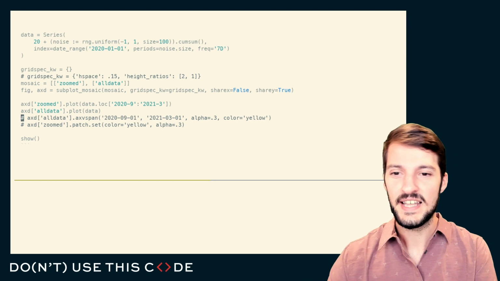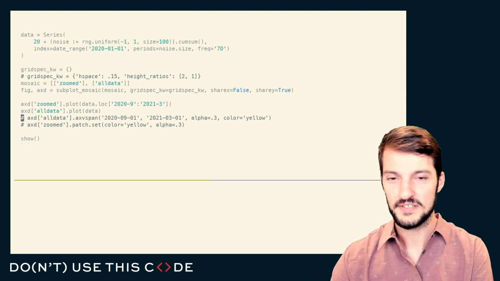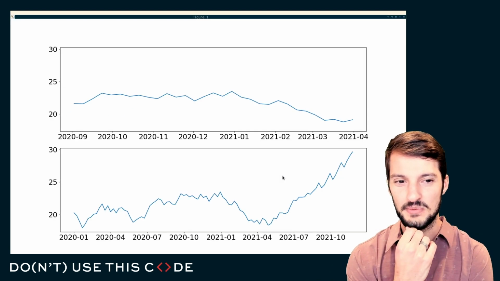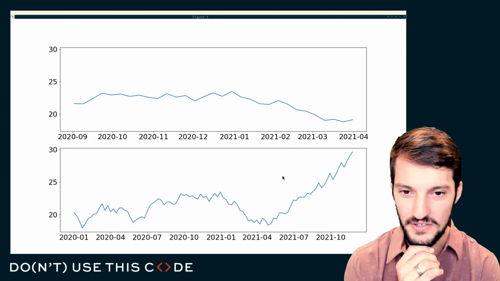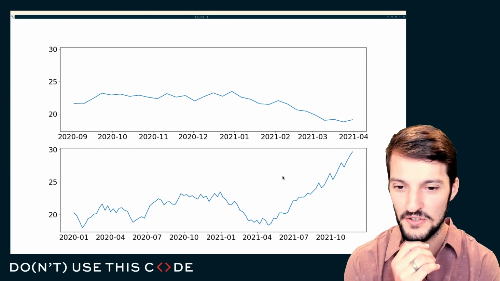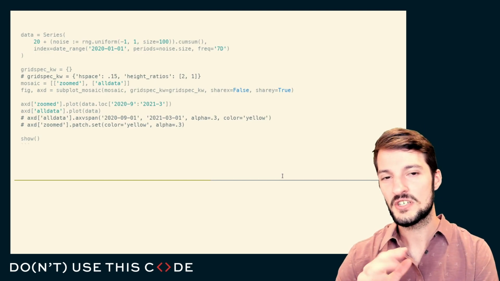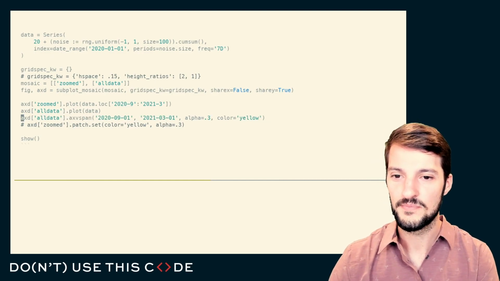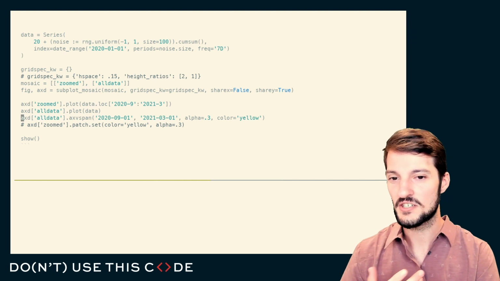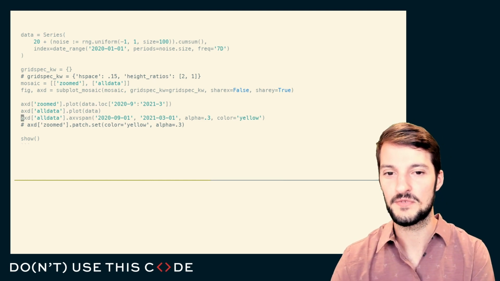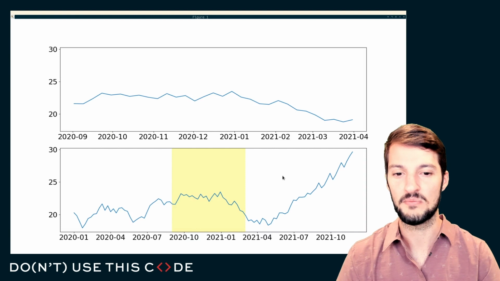But that's not as effective, right? I really have to look at this plot to be able to determine, well, what's going on here? Why are there two plots on top of each other? Why are the x-axes different? What we can do is add just a little bit of annotation here to highlight a specific portion of our main plot.